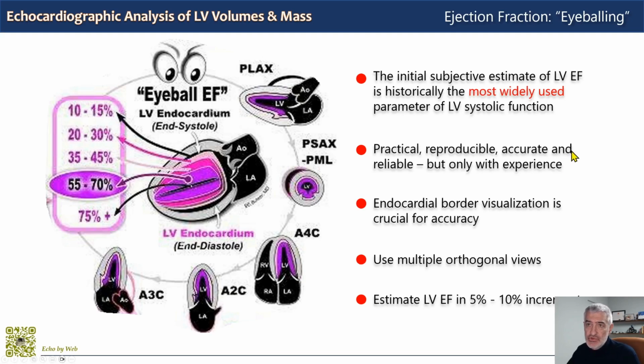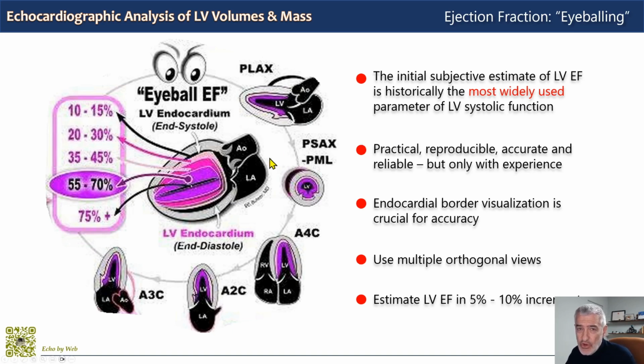A common method used, especially in the United States, I think, to estimate ejection fraction is known as eyeballing, which means exactly that. You estimate just by looking at the change of the area in the 4-chamber, 2-chamber and 3-chamber views of the left ventricle.